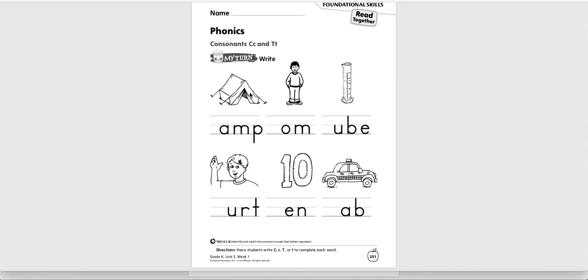Why would they use a tent? To go camping. So, am I going to use the C or the T for camp? C, good job. Am I going to use an uppercase C or lowercase? Lowercase.